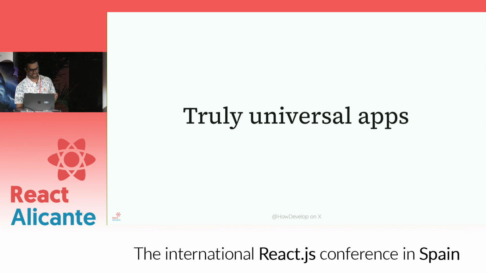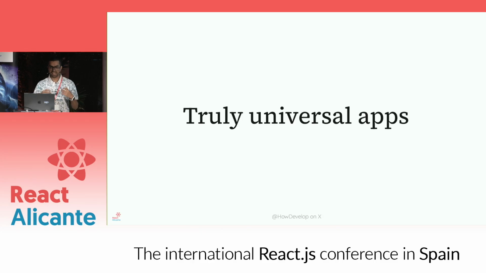To answer this question, first we have to discuss the idea of a truly universal app. I spoke about one of the capabilities of WebAssembly being this universal binary format that can be deployed anywhere. So imagine that you were building a React Native application and you want to be able to embed Rust code or Golang code. The reason could be anything.